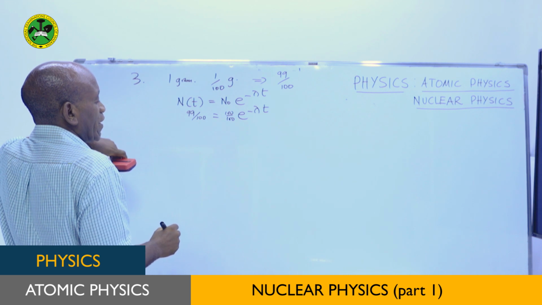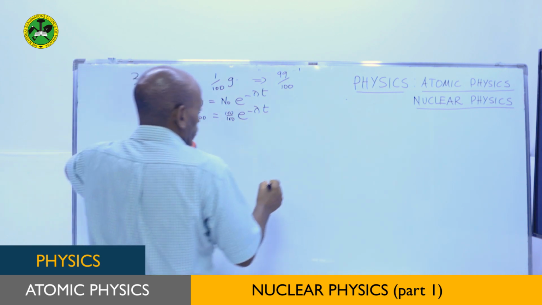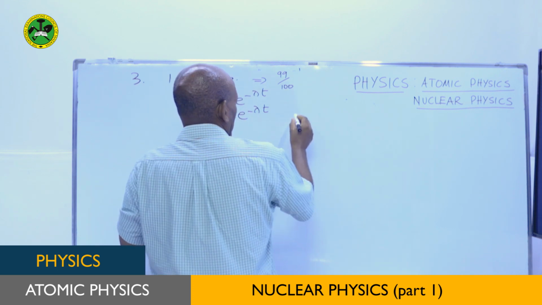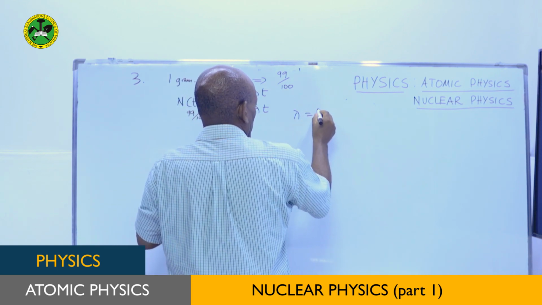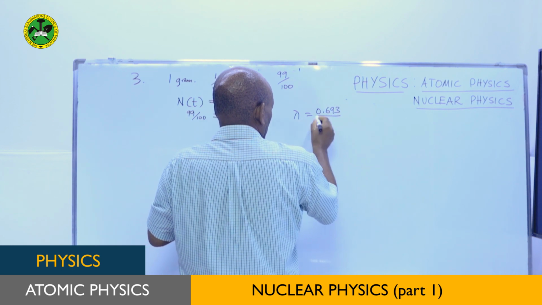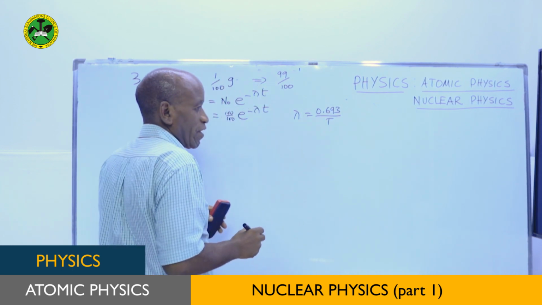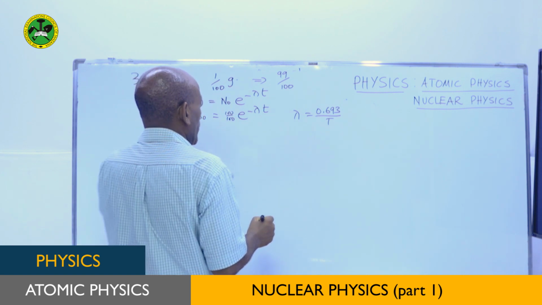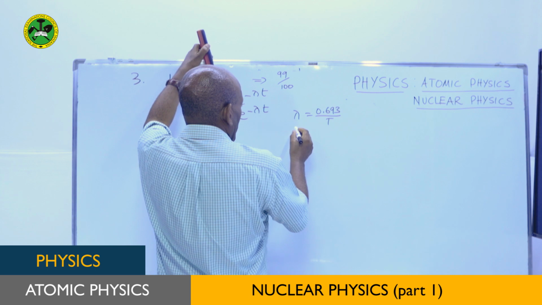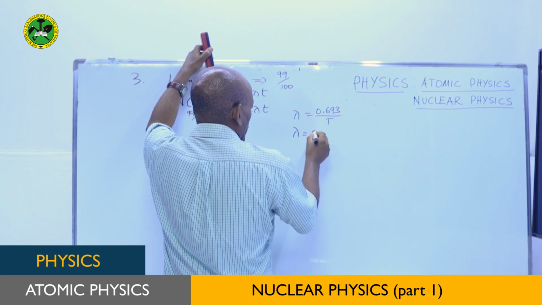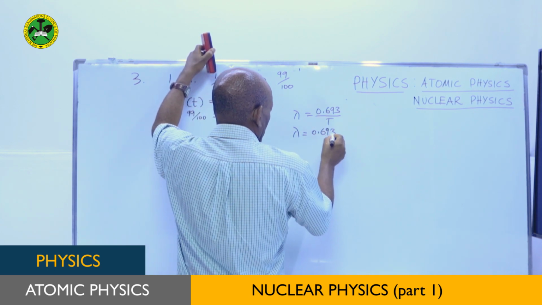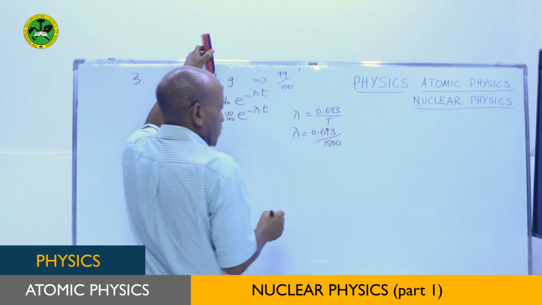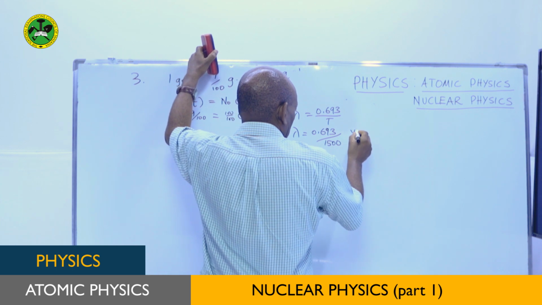And we all know about the decaying constant. The decaying constant is just equal to 0.693 over the half-life. And the half-life is given, which is 1500 years. So you can determine the decaying constant lambda there. This will be equal to 0.693 over 1500 years, so this will just be per year.